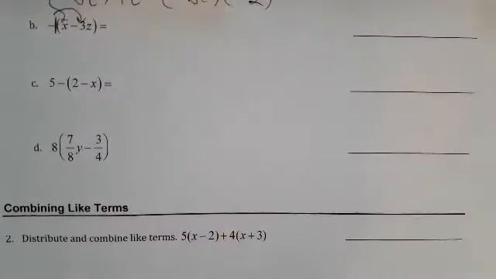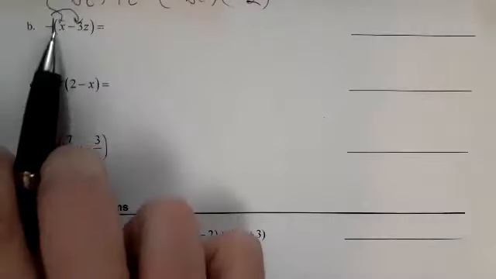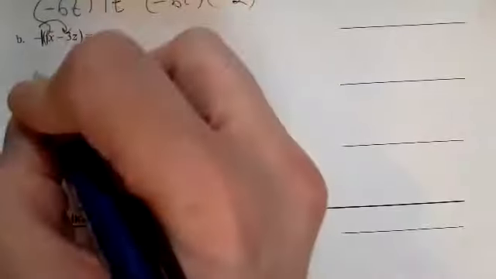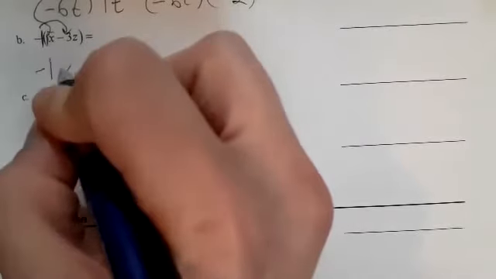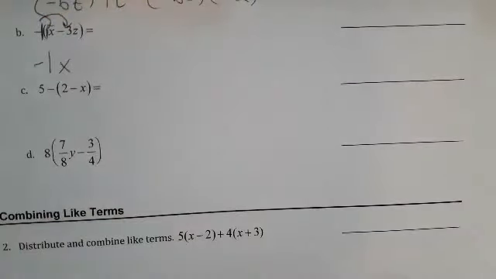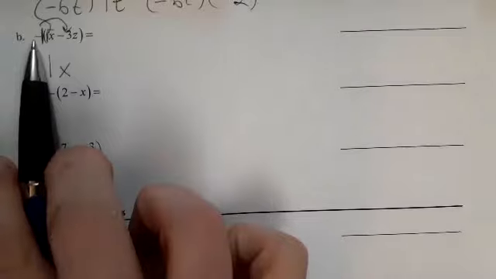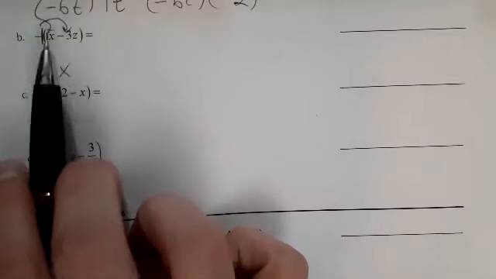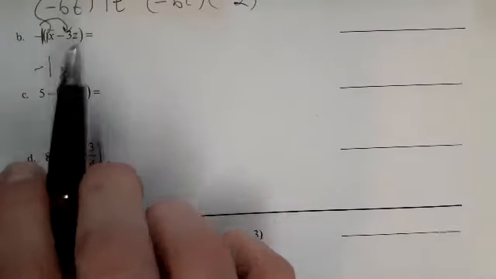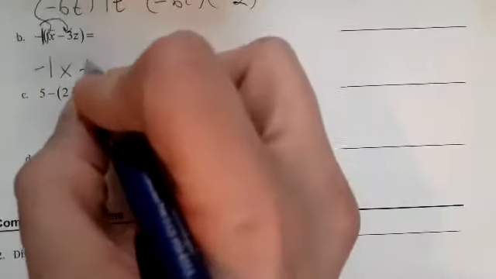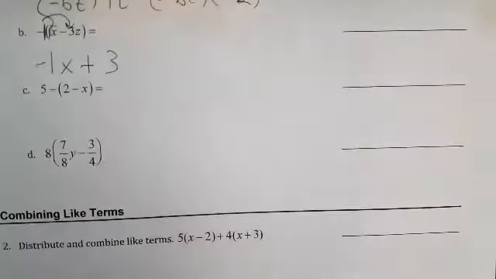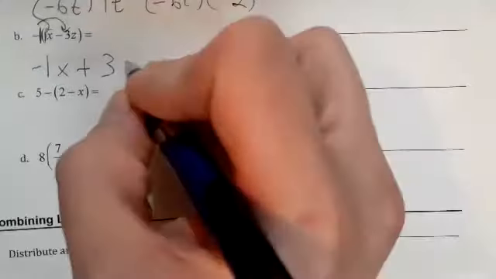If we do that, this is a positive 1x. A positive 1 and a negative 1 is going to give me a negative 1x. And now we have a minus 1 and a minus 3z. So minus 1 times the minus 3 is going to give me a positive 3, and there's still a z attached.